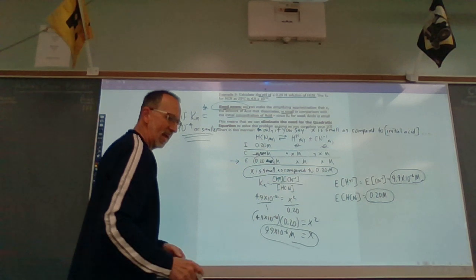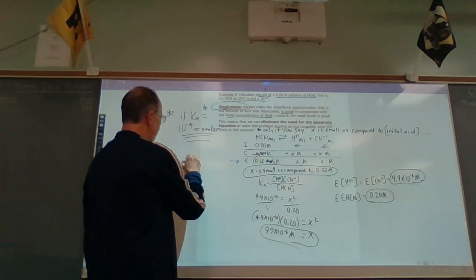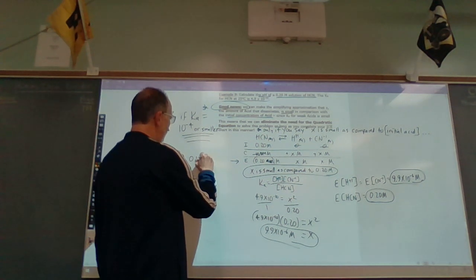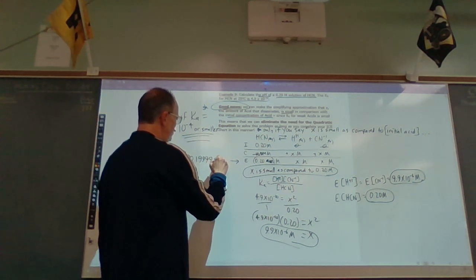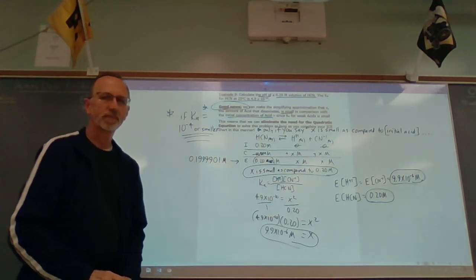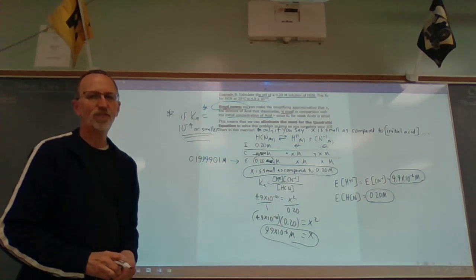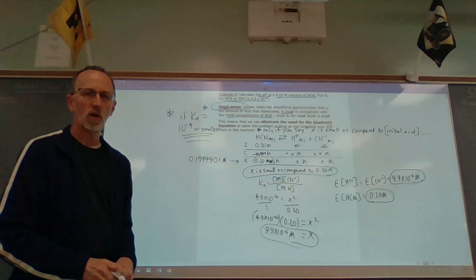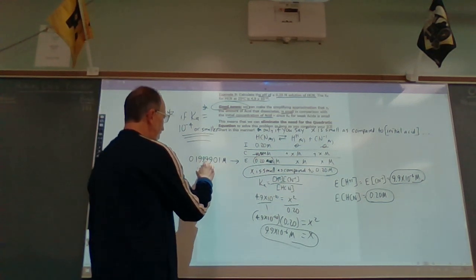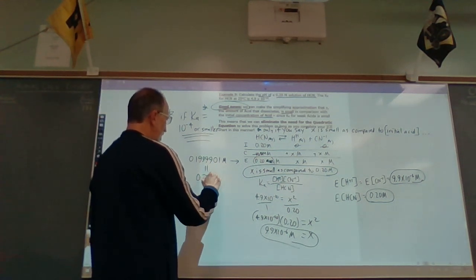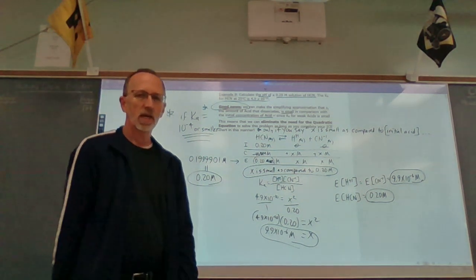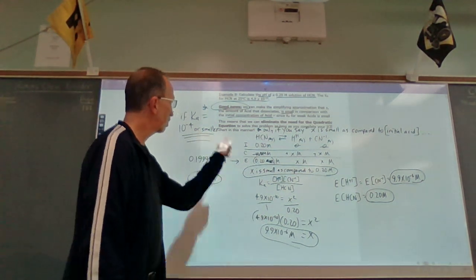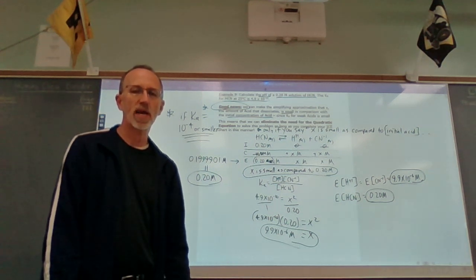If we had done that, this would be 0.1999901. To 2 sig figs, what is 0.1999901 molar? Well, to 2 sig figs, it's still 0.20. And that's why you can do that.